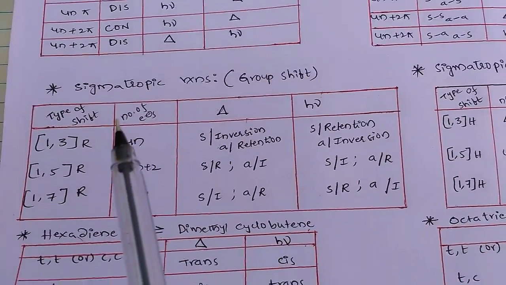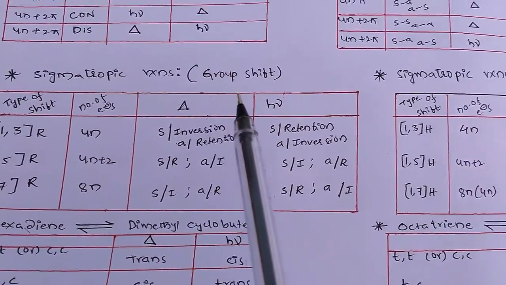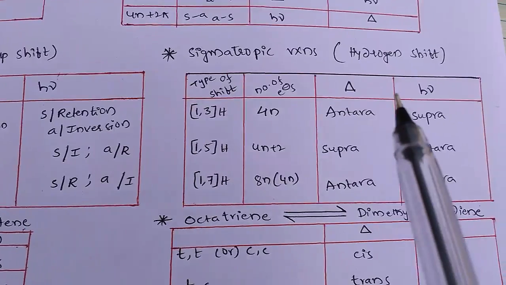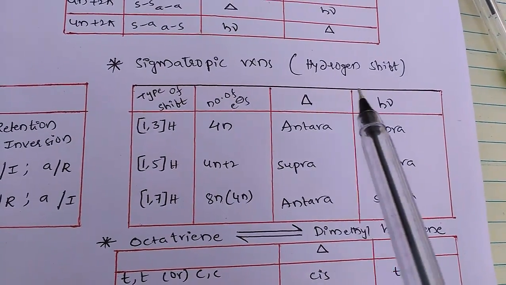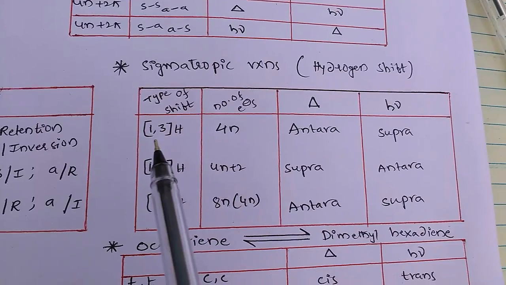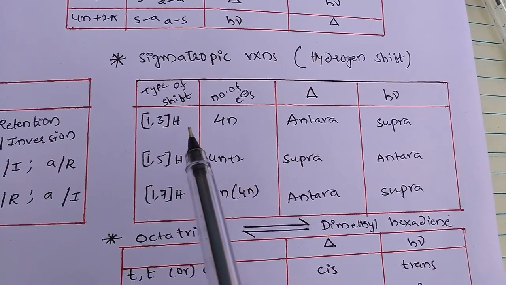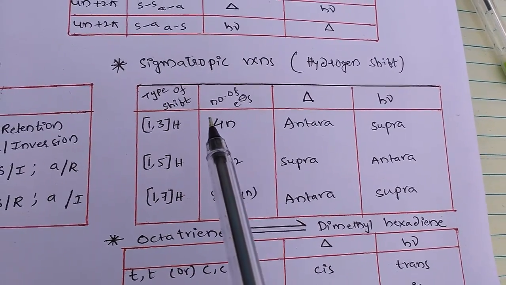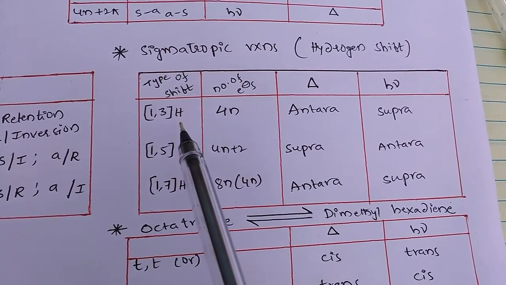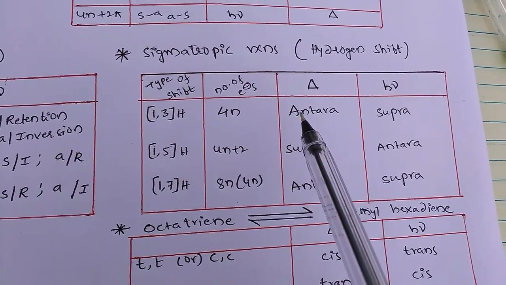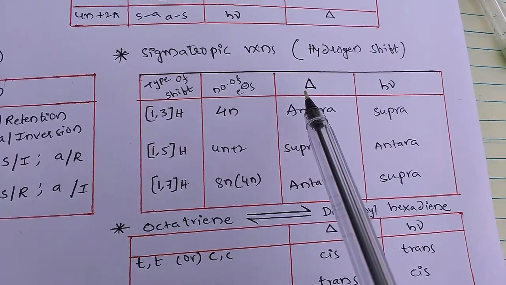Next, sigmatropic reactions. For sigmatropic hydrogen shifts, we should first observe the type of shift. A 1,3 hydrogen shift equals a 4n electron system. A 1,3 hydrogen shift that is antara is thermally allowed.